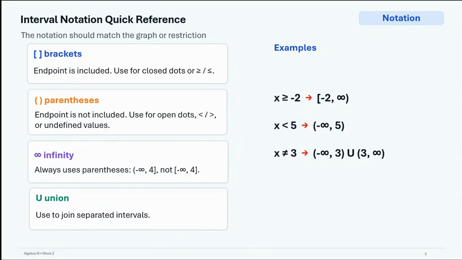Let's see, here's this one. -4 is less than or equal to, we got an equals under that one. This one does not have an equal. So we use a bracket on the -4 and a parentheses on the 5. Okay, so -4 less than or equal to x, less than 5.